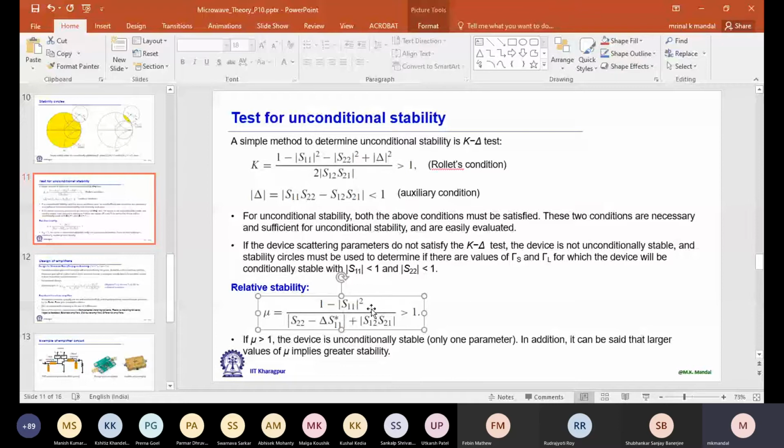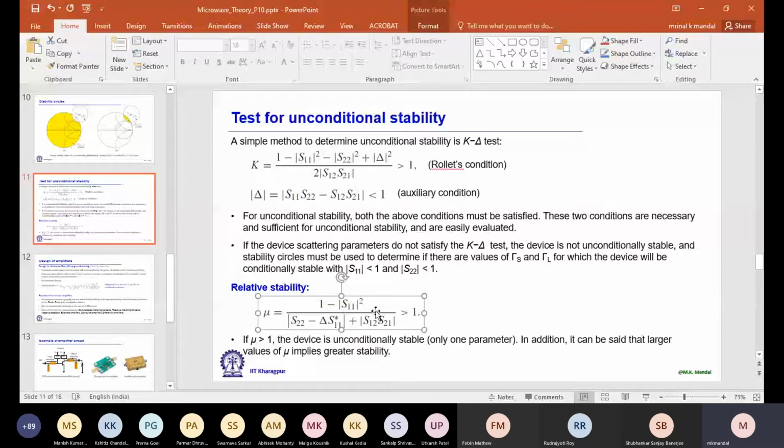If it is satisfied, then it is unconditionally stable. In addition, if the mu value is much more than 1, you can say that it is more stable. So relative stability is included in your mu.